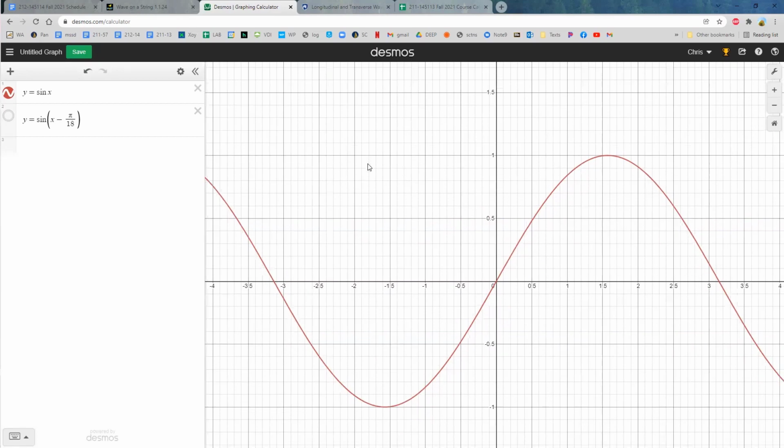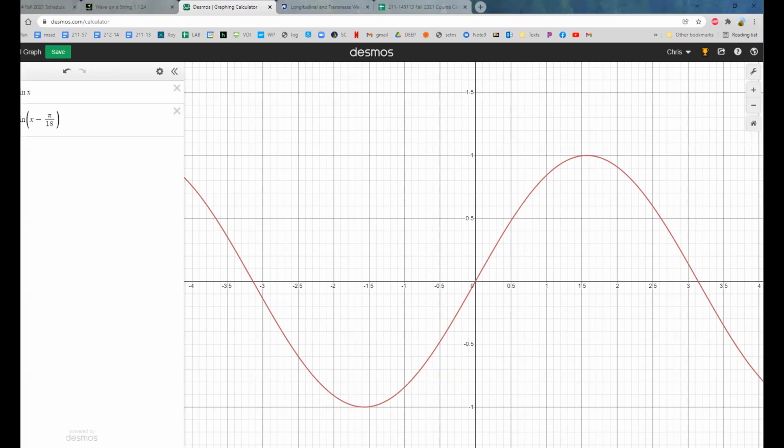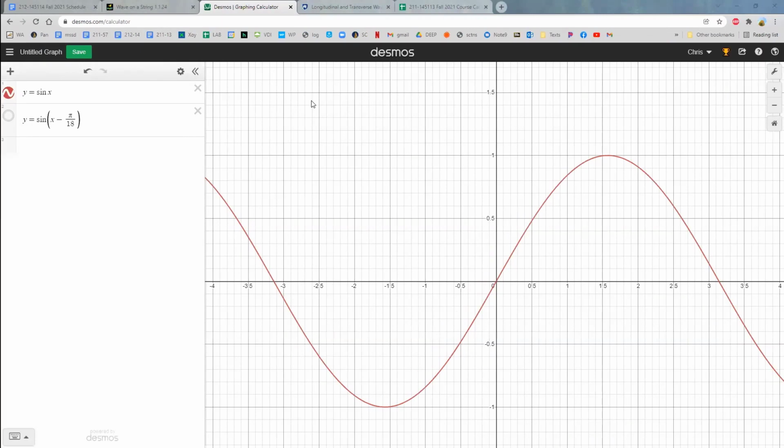All right, screen snip isn't working. Let me get another picture. Okay, so I'm going to take a little sample here.